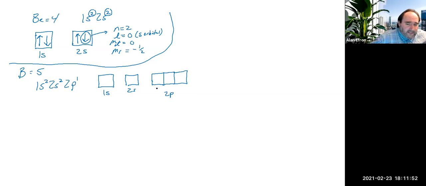Again, the first box here would be 2px, 2py, and 2pz in terms of its representation. We would fill these like we kind of did before, up and down, up and down. And at this point, the first electron will go to the orbital there on the left in the upwards direction.